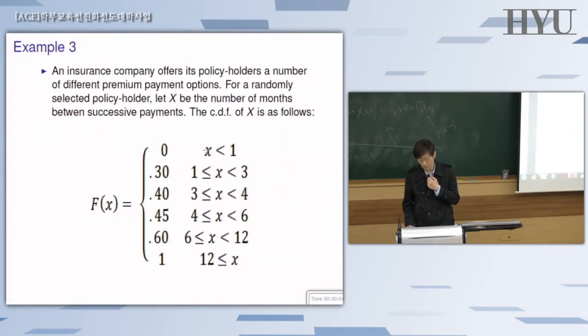You make a payment, and then until the second payment, what's the number of months in between? So it could be 1. The smallest number taken by this X is obviously 1. How do we know it? There's no probability mass for any value less than 1. That's why we know it.